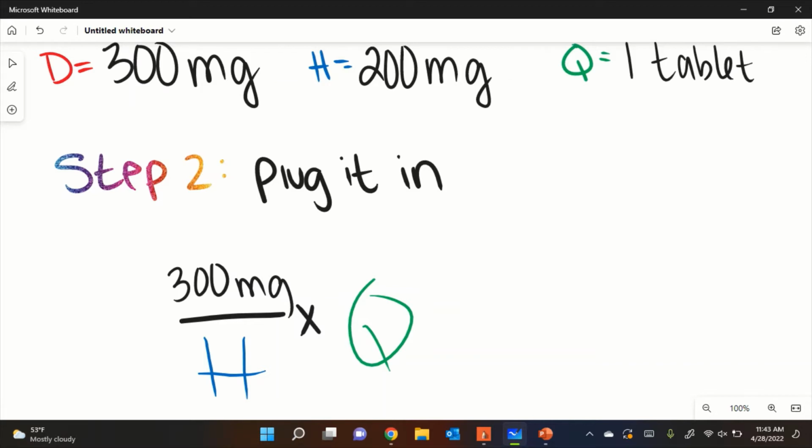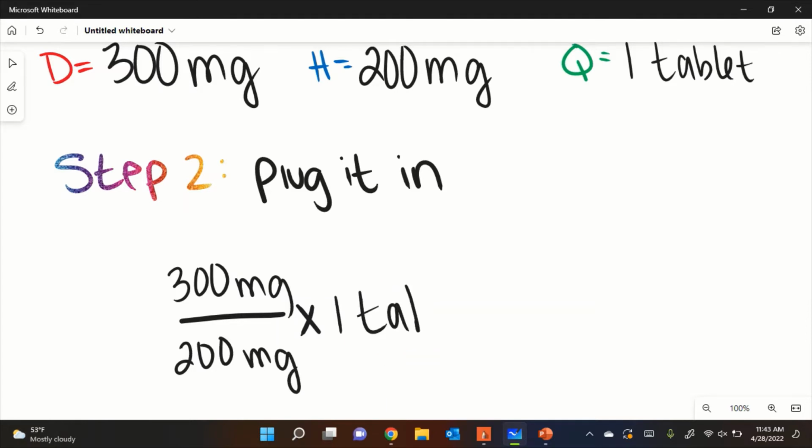H is not H. H is 200 milligrams. And Q is not Q, of course. Q is 1 tablet, which I am here going to abbreviate as tab just for the sake of space. This equation will tell us how many tablets we're supposed to give at this time.